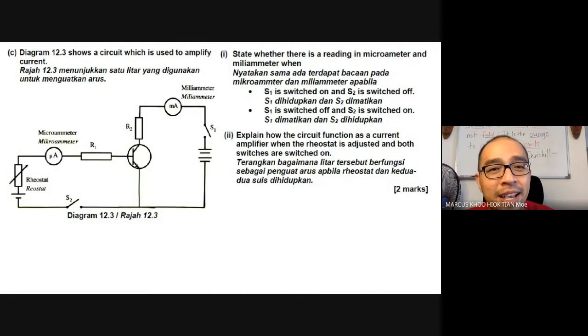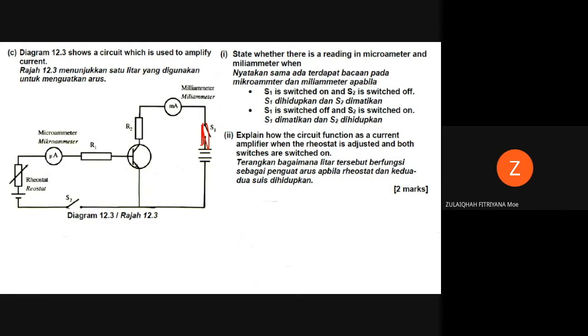Now, state whether there is a reading in the microammeter and milliammeter when S1 is switched on but S2 is switched off, and then when S1 is switched off but S2 is switched on. Is there going to be a reading in the micro and the milliammeter? Zulaika, you want to give this a go? Both no reading.